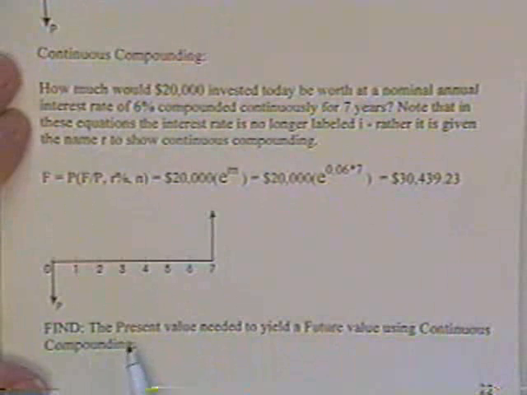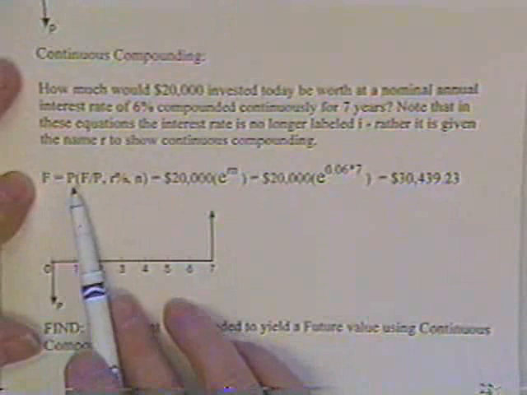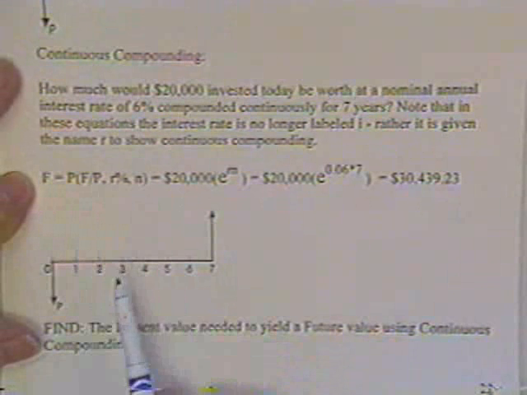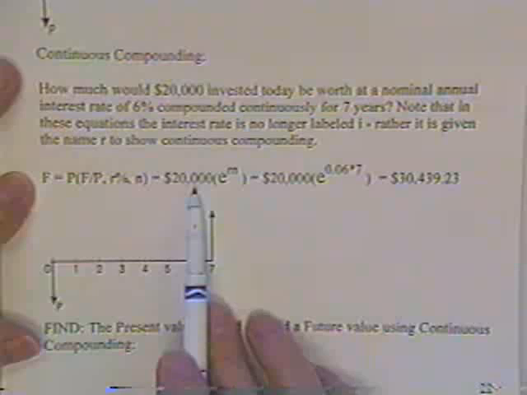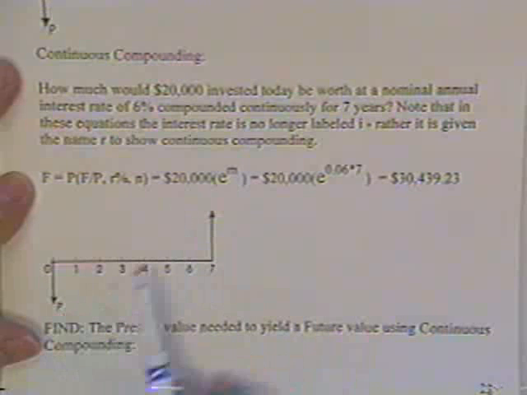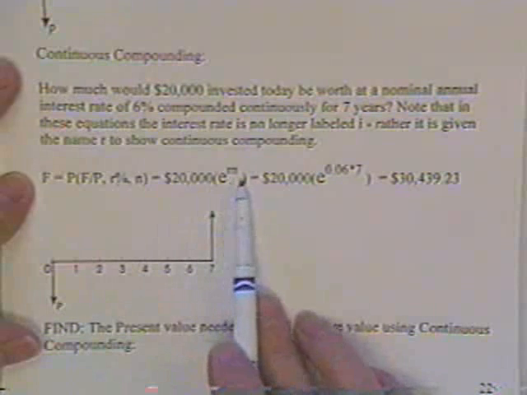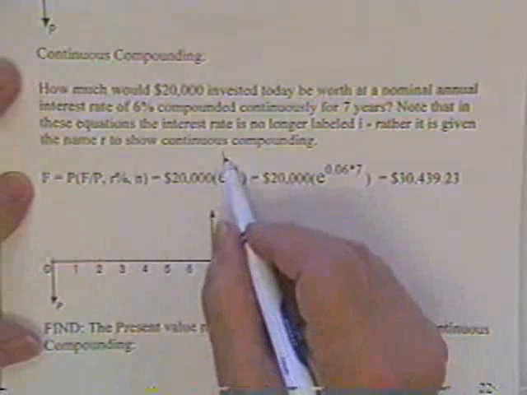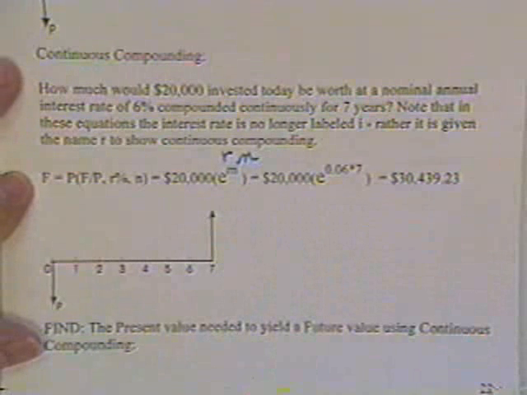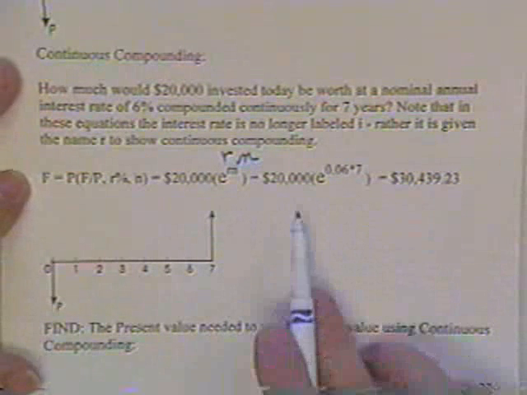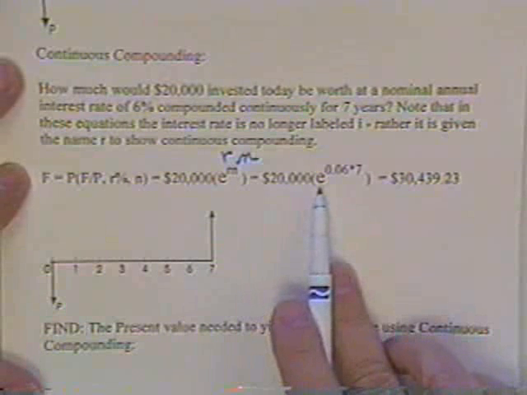So you've been asked to find the future value of that cash flow. You were told you would invest $20,000 right now. It collects this kind of interest, e to the Rn. R is the rate, and n is the number of years, and therefore you get back from the bank $20,000 times that e value.